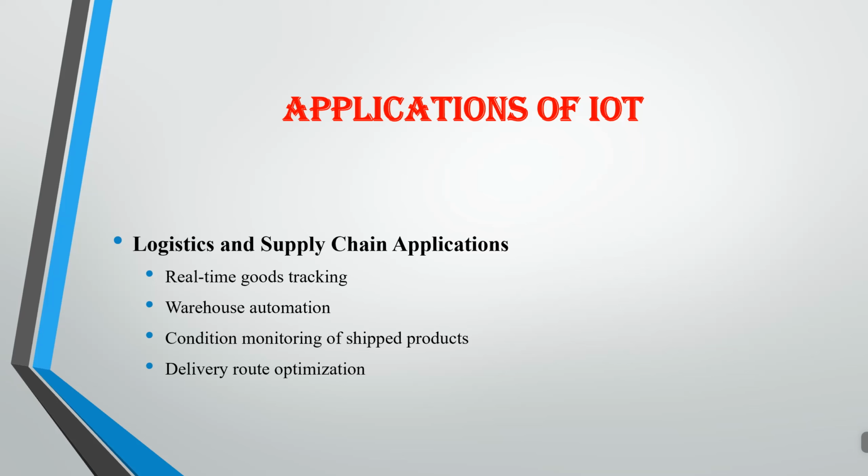Then next is condition monitoring of shipped products: whether the product is shipped, and what products have been shipped. Detailed reports of whatever you want related to the shipment and the condition of the product can be done using IoT. Then delivery route optimization. This is one more thing. It's not that you go according to your wish.